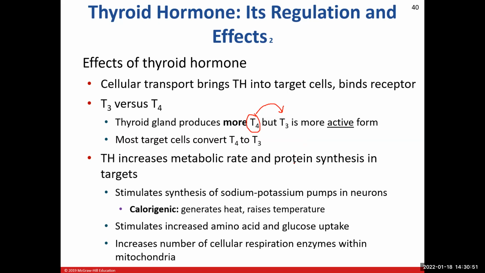So basically, we're going to see an increase in metabolic rate in our target cells, and protein synthesis. And as you know, protein synthesis, we'll see it all over the place. So you can see, for example, in the neurons, we're going to increase the overall metabolism in the neurons. But we're going to increase, for example, sodium potassium pumps. And all of this is going to create heat. Because remember, what was one of the stimuli for release of thyroid hormone?